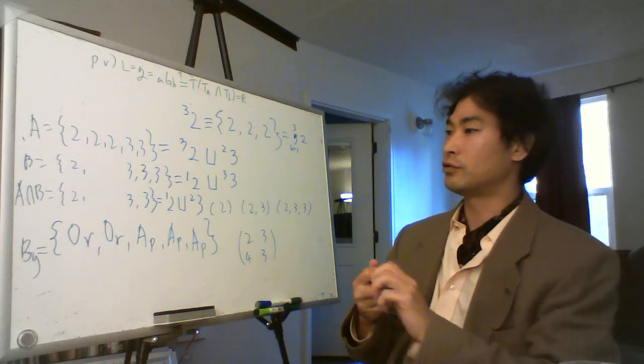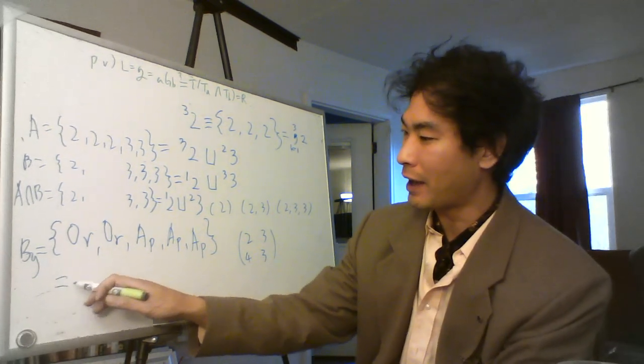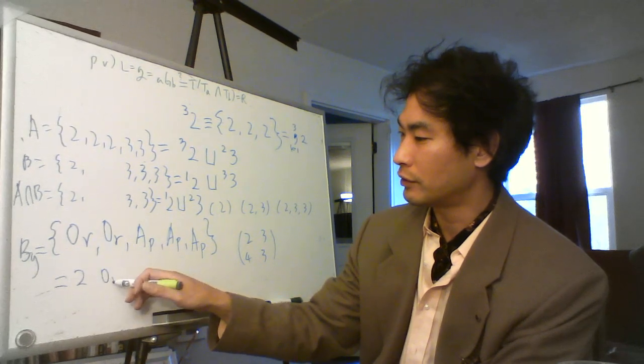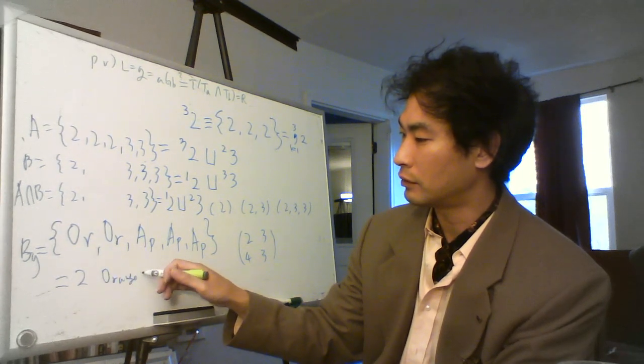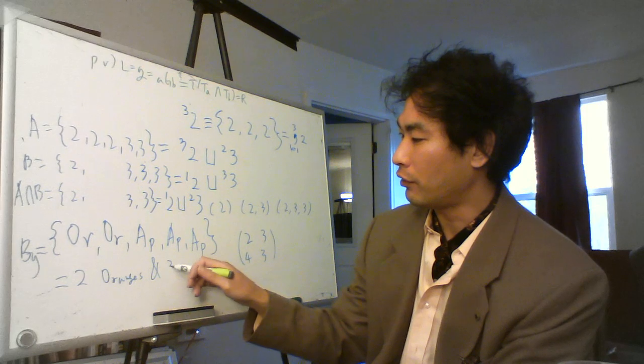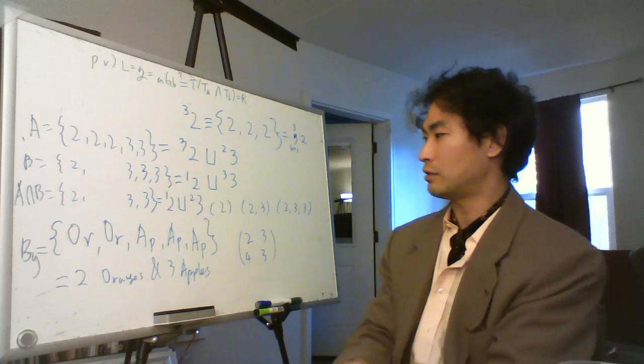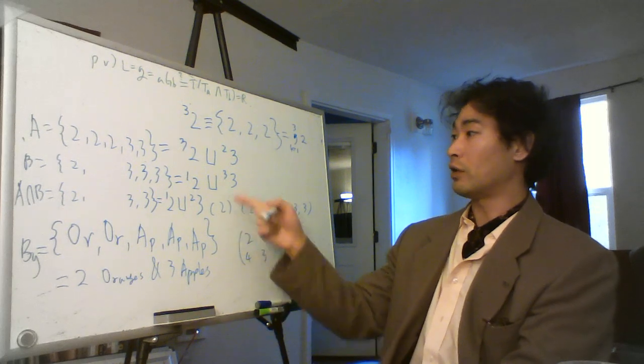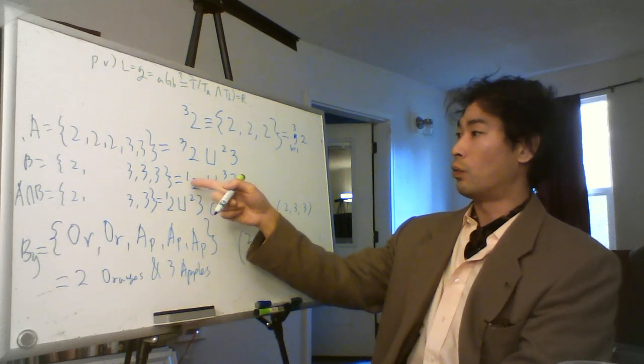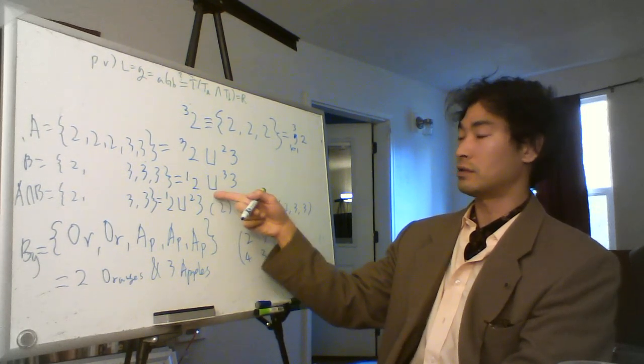In English, you say, "Oh, in my bag I have two oranges and three apples." That's an English expression, right? That's what we are doing right here. We have one two and three threes.